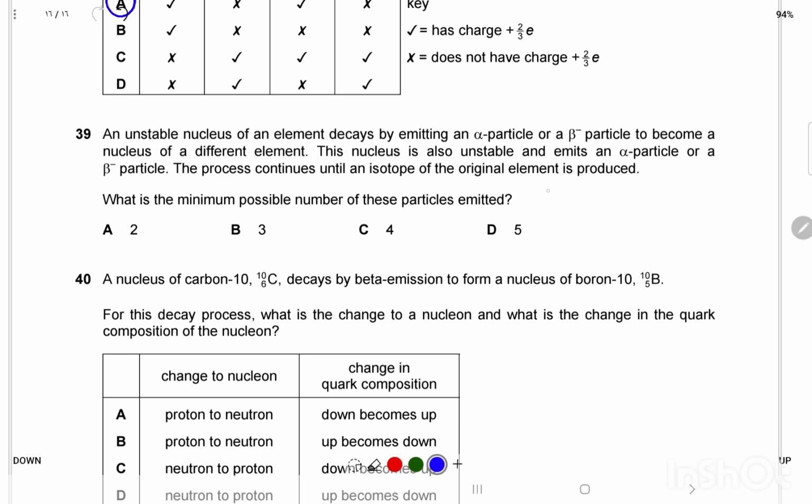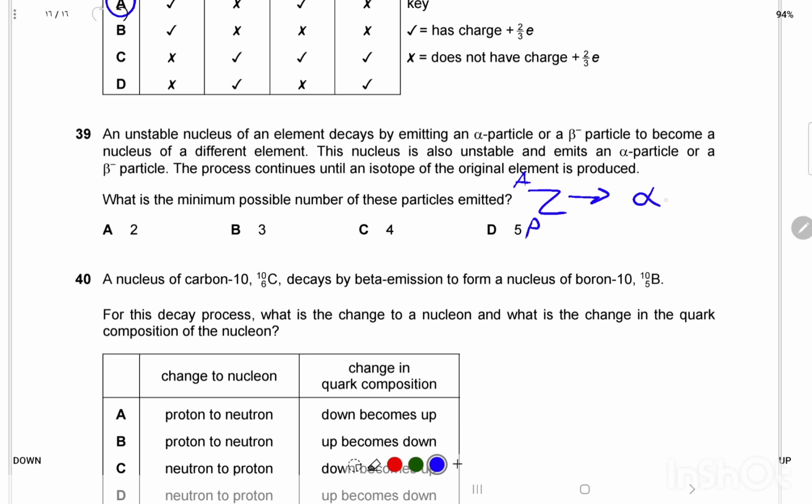So let's assume that the initial nucleus was X. Here the mass number is A and the proton number is P. Now this can decay by emitting alpha particles.